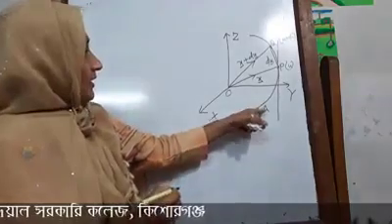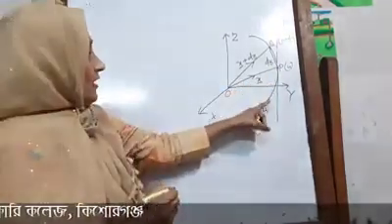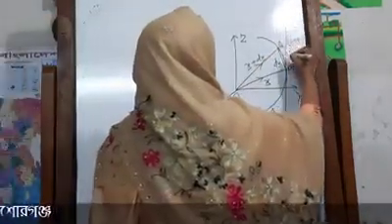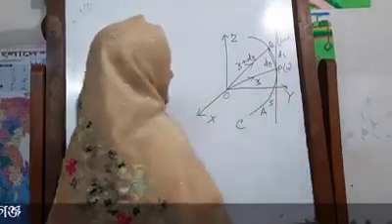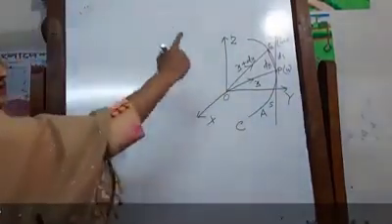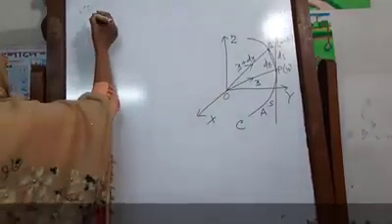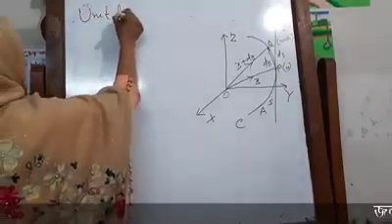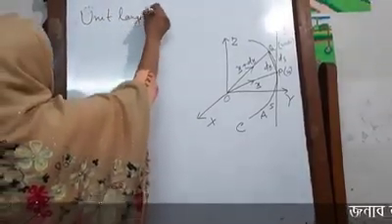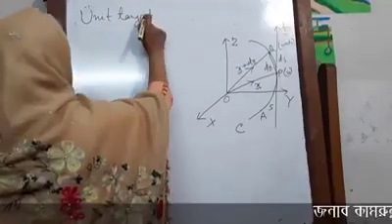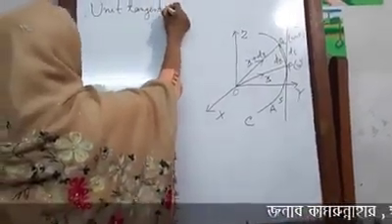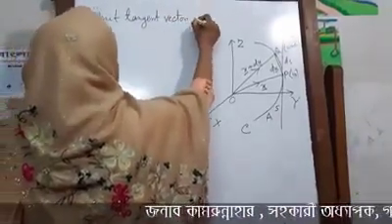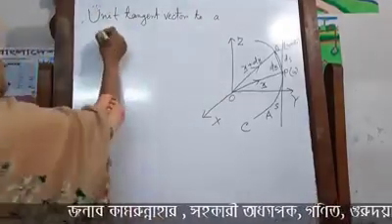The length of arc AP is s, PQ is δs and AQ is s plus δs. Unit tangent vector to a space curve.